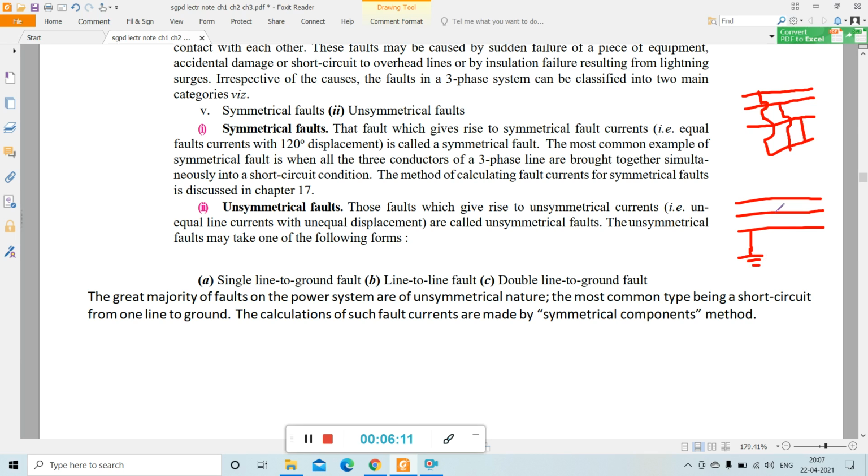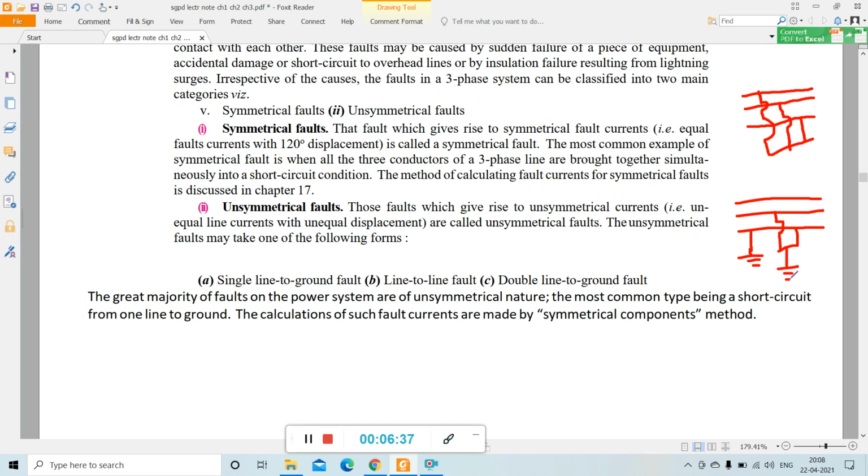Then it is like a line to line fault, like this, line to line short circuit, or a double line to ground fault. So these are the examples of unsymmetrical fault. And the great majority of faults on the power system are unsymmetrical in nature.